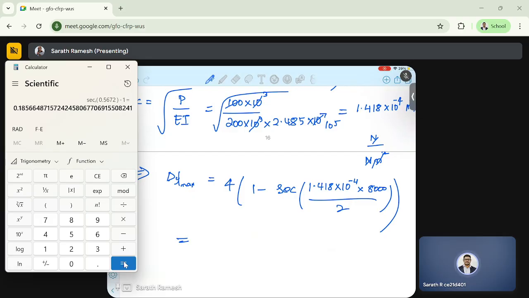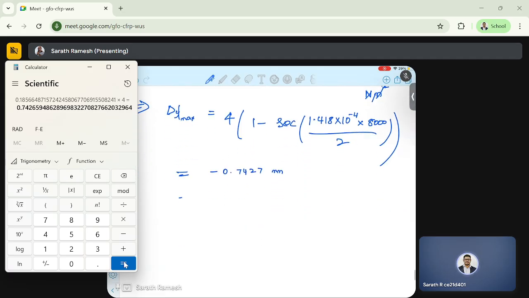So it is actually negative into 4. So actually this is minus 0.7427 mm. Since we are interested only in the magnitude, I'll take 0.7427 mm. Okay.